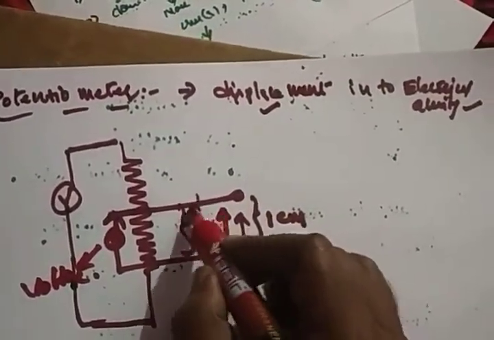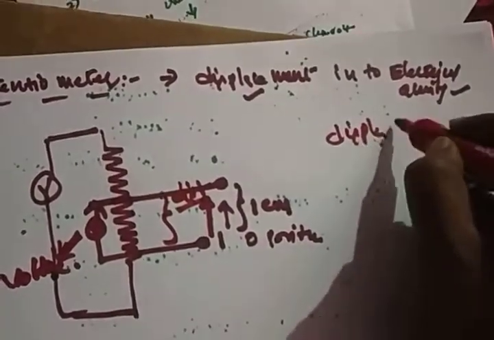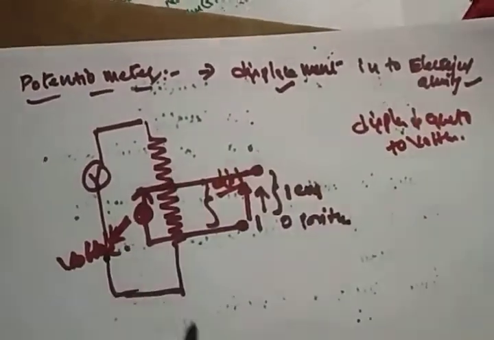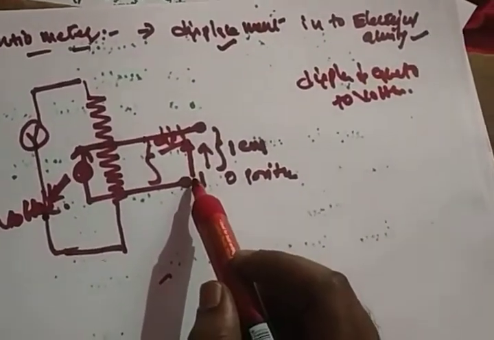How much distance you moved, we don't have any measurement, right? So how much displacement happened means that much voltage is developed. That means my displacement is equal to the voltage developed. So this is a potentiometric transducer. I hope it's clear.